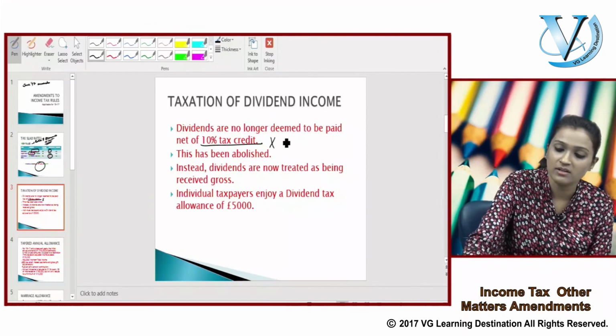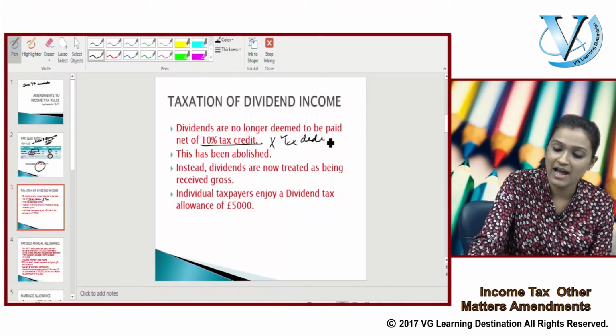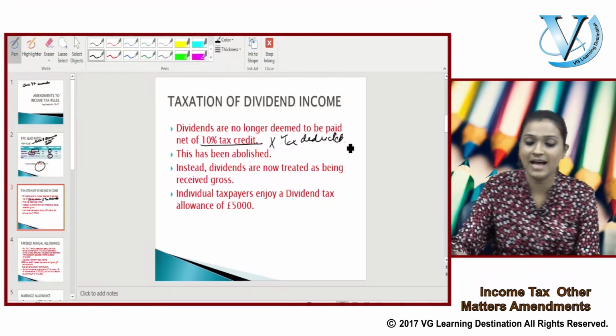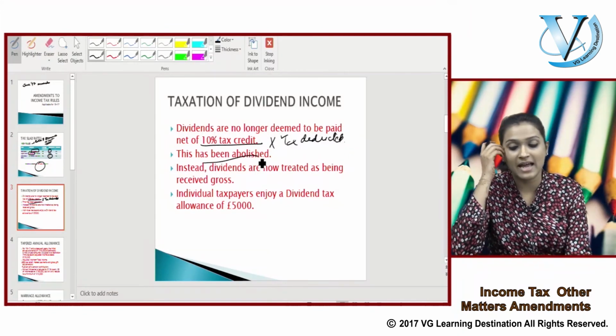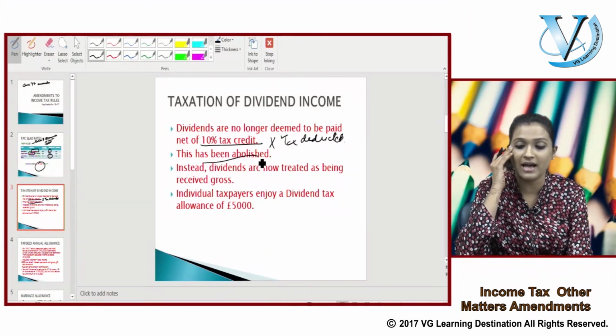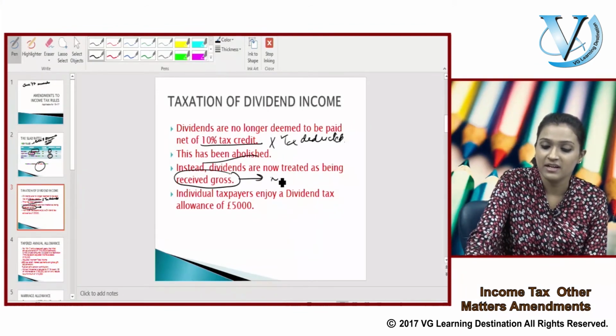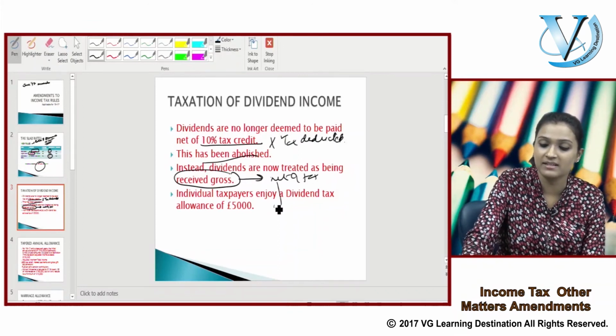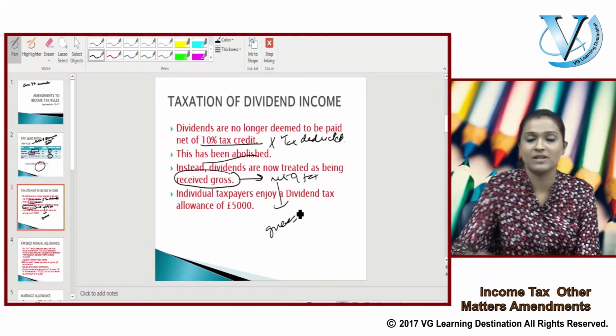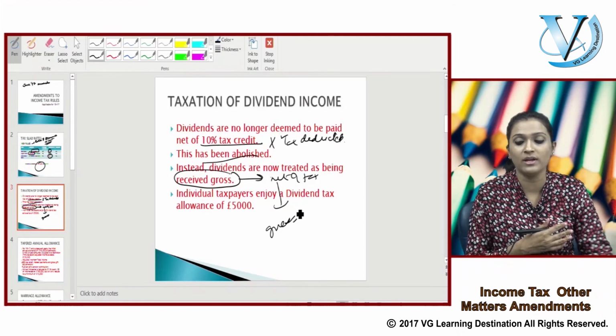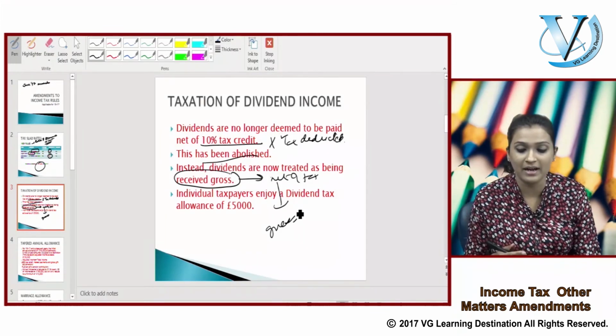So they are not tax deducted. This has been abolished. Instead, dividends are now treated as being received gross. So they are not received net of tax, but they are received gross. So that 10% escalation that we were doing is not needed to be done anymore.